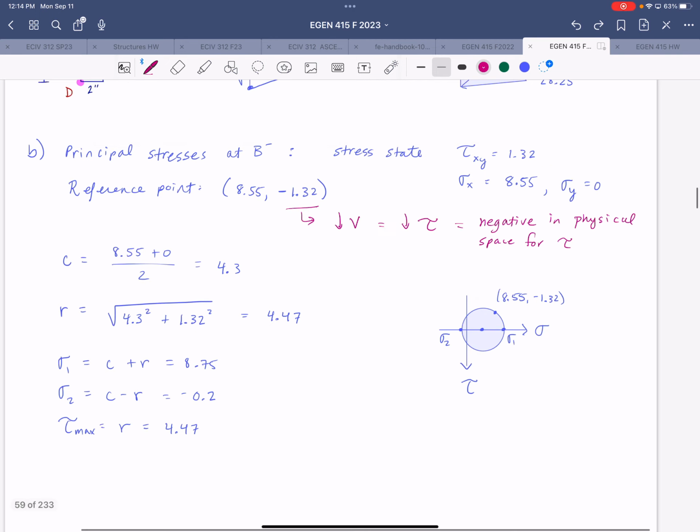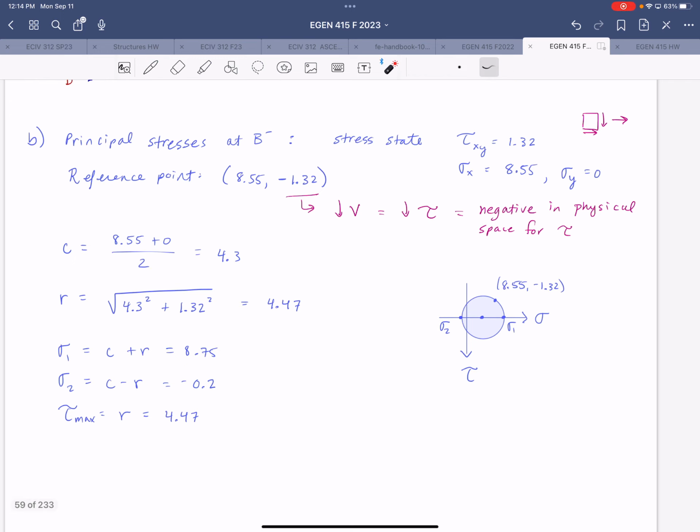So we had this stress state, something like this, nothing on Y. So using the right face, we have negative shear stress, which plots above Mohr's circle.